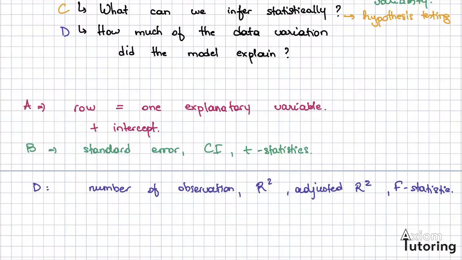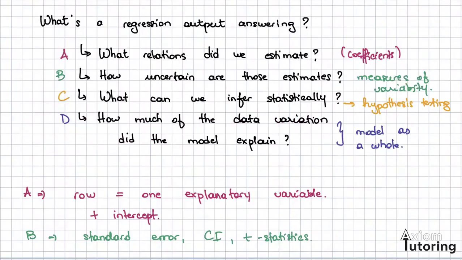But these tell you how much data you used, how much variation the model explains, and whether the model has some sort of joint explanatory power or not. So they describe the model as a whole, not just the individual coefficients. As you can see, the numbers give you a variety of types of information. And as long as you know that each will fall into one of those four categories, then you can concentrate on the numbers that you are interested in for answering a particular question.